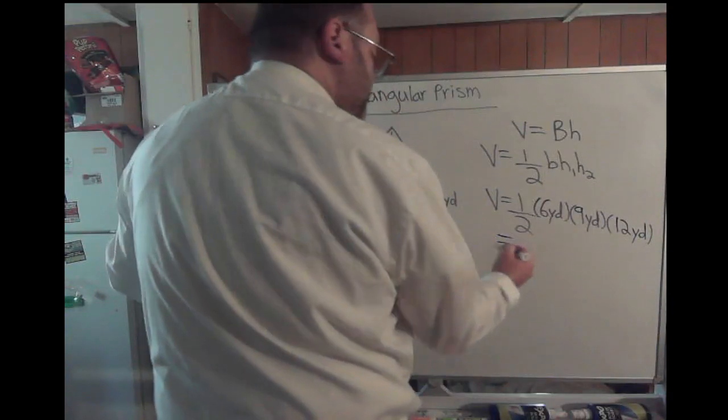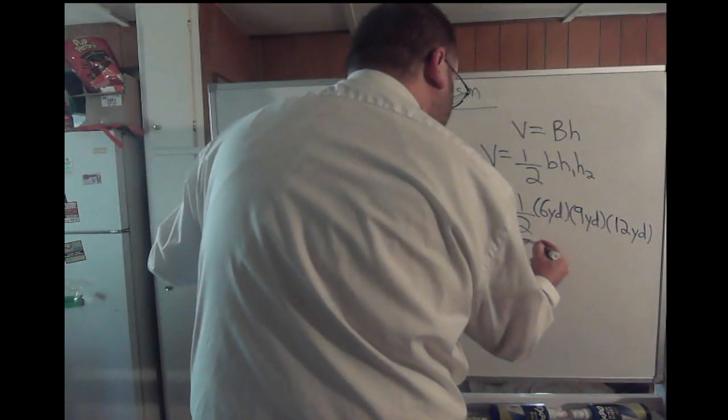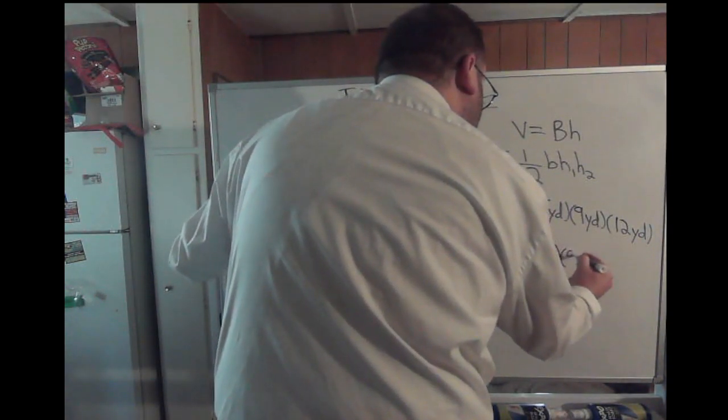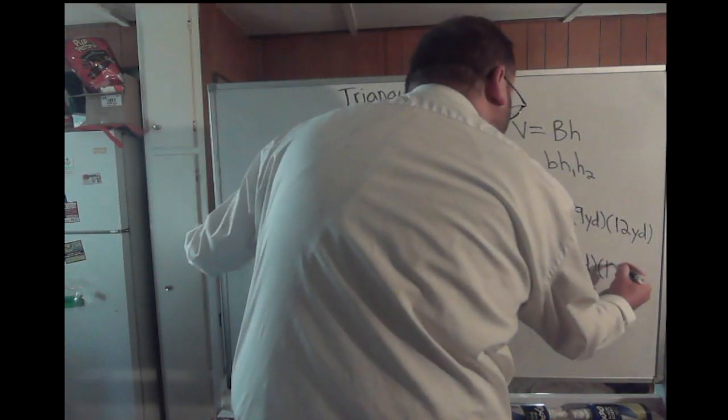Well, let's do some basic multiplication here first. Let's do 1/2 times 6. That'd be 3 yards. We'll have 3 yards times 9 yards times 12 yards.